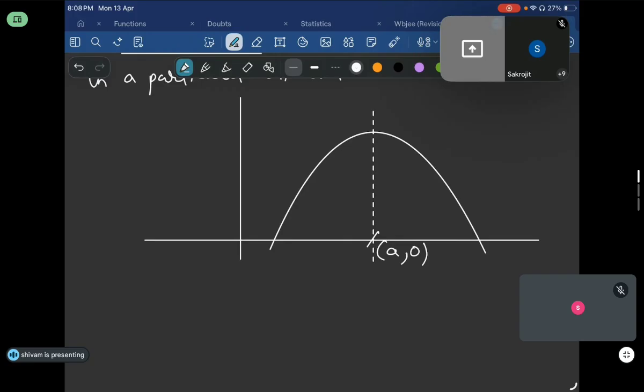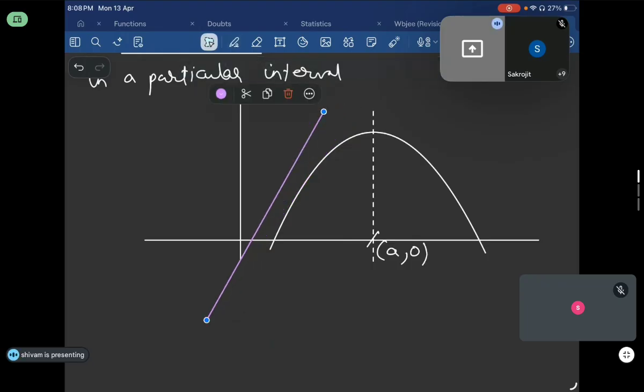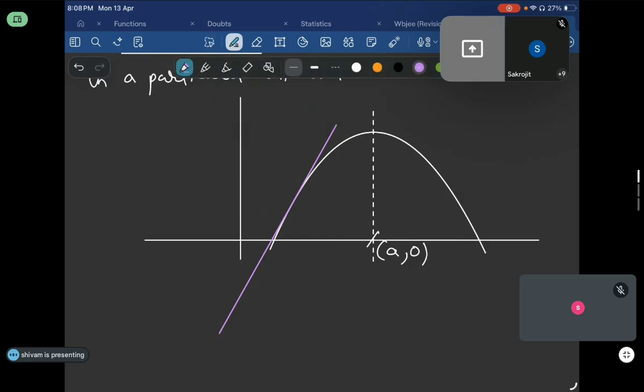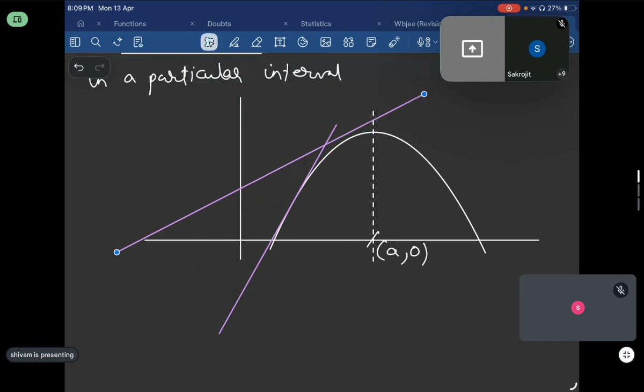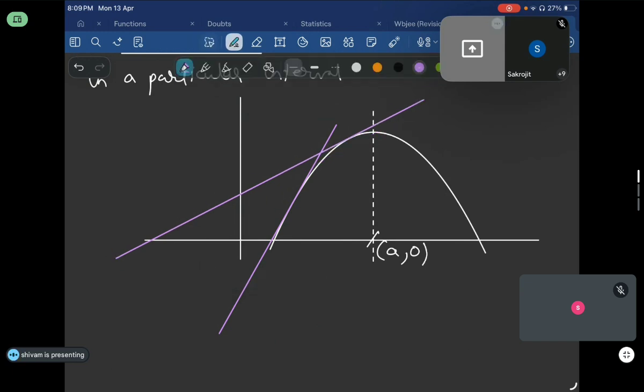I'm going to draw a few tangents. This is tangent number 1. This is tangent number 2. This is a tangent at x equal to a.